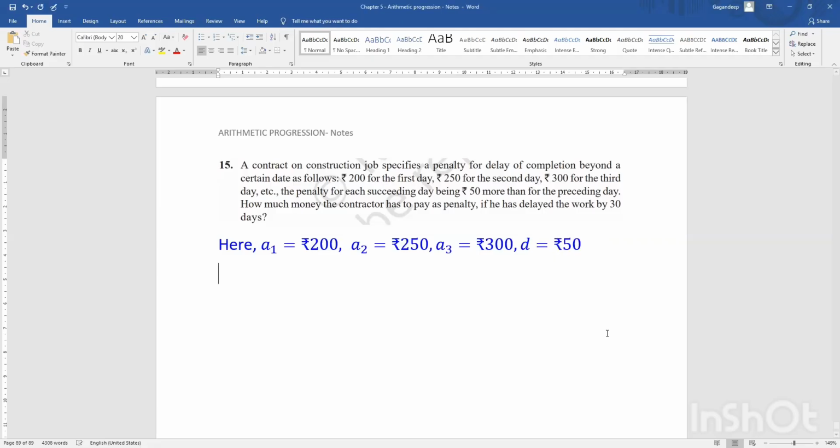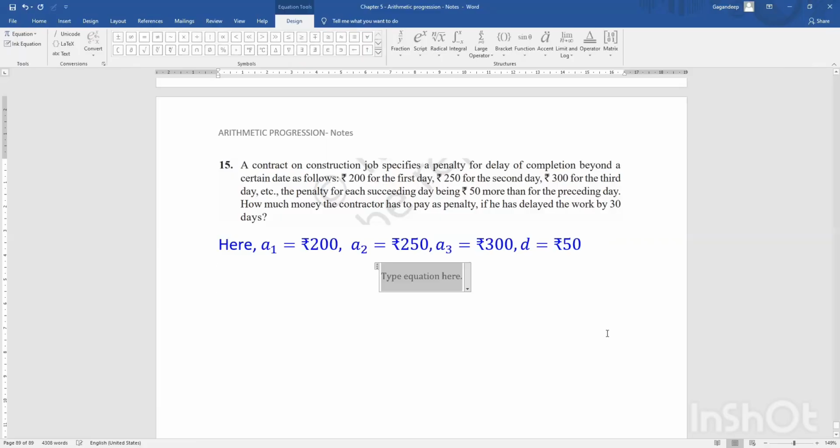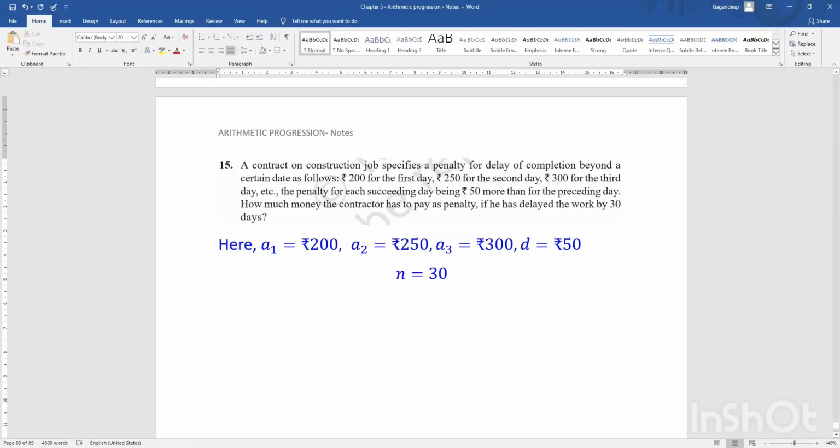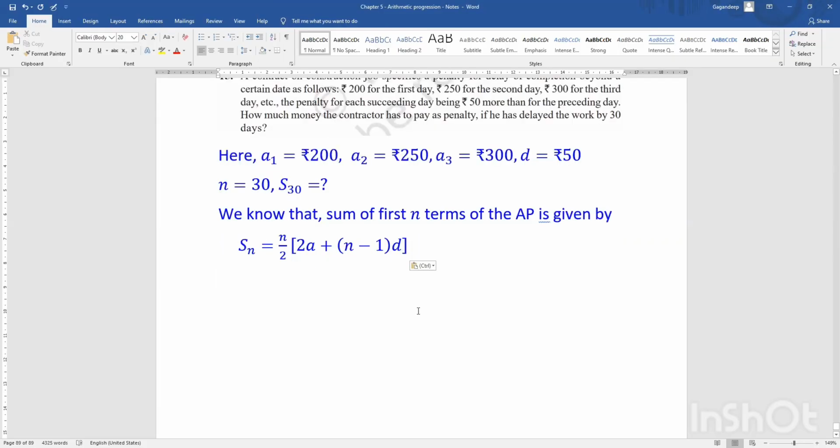And then we have n equals 30. And also we have S30 is question mark. Okay. And then we know that S_n is equal to n by 2 into (2a plus (n minus 1) into d). Okay. Now I'm going to find out S30.